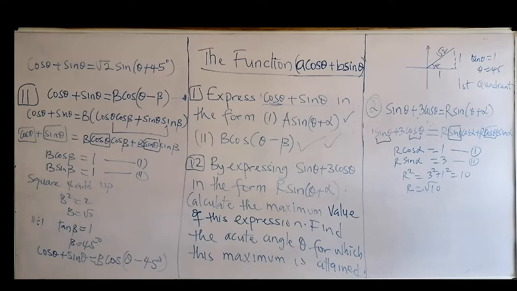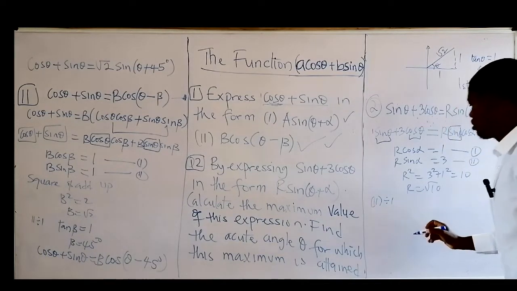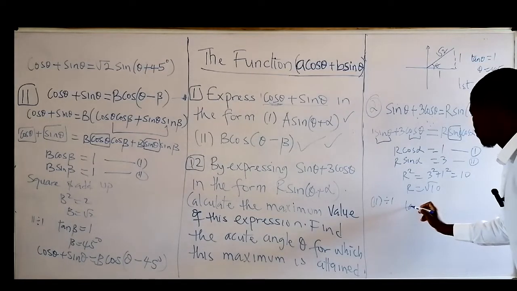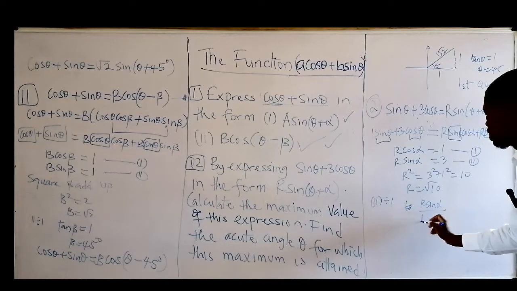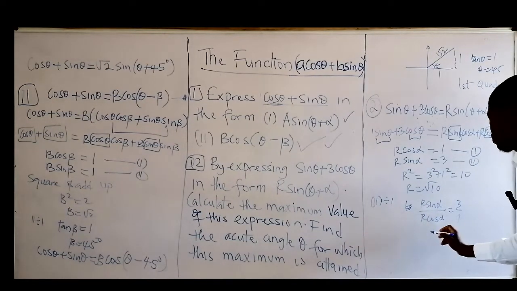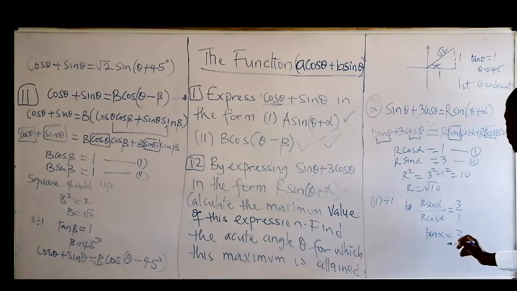Then the acute angle: divide equation 2 by equation 1, so that will be equal to tan alpha, which is r sine alpha over r cos alpha, equal to 3 over 1. So tan alpha is equal to 3, so arctan 3, we can get that.